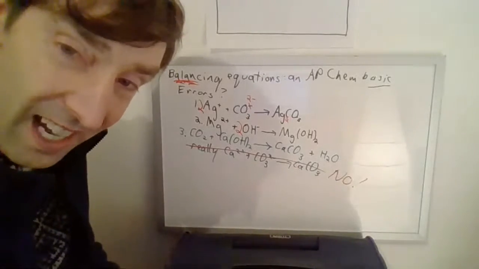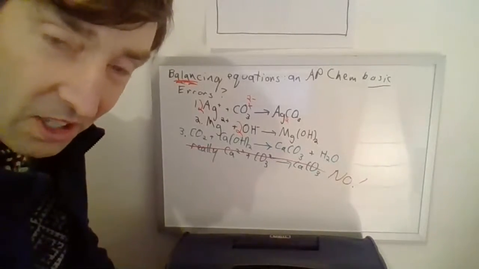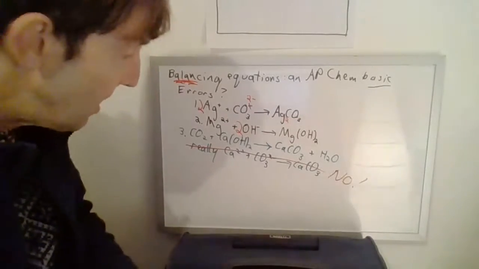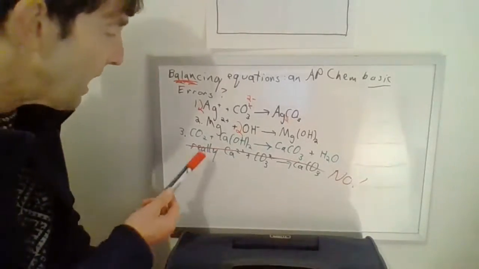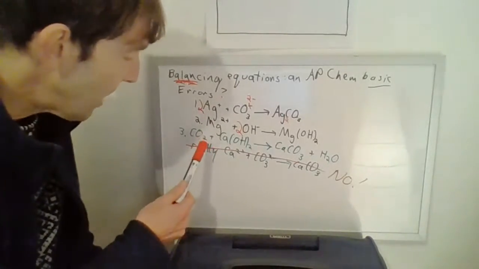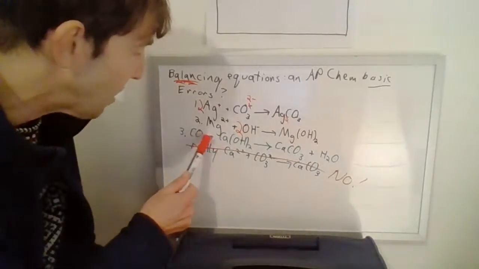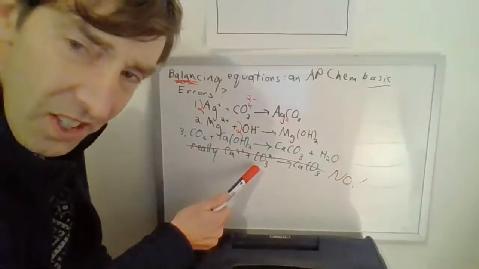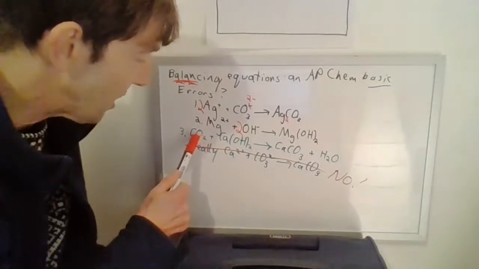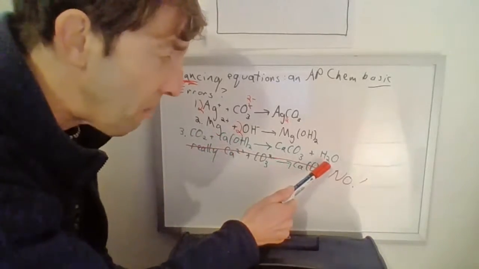Because this net ionic equation is an important one. It's the test for lime water, and it's a test for CO2 if you think about it as well. Okay, now here's the deal. Check this out. CO2 cannot be dropped. It's actively reacting with this. I can't just get rid of it or pretend it's become an ion. It's not an ion, it's a gas. So the gas is reacting with this whole chemical, and I can't drop out water.